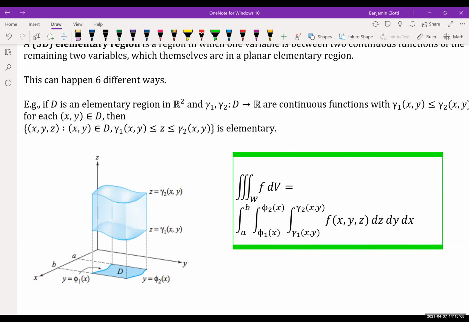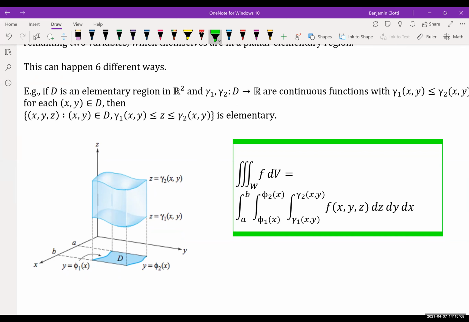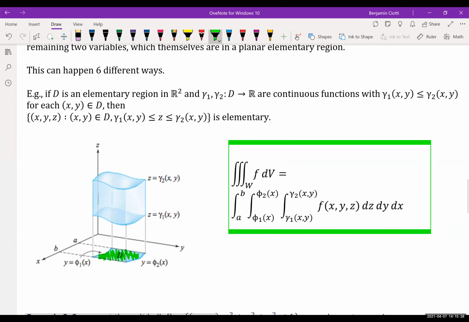So this picture is from the textbook, and you can see that x and y live in this planar elementary region, it means 2-dimensional elementary region D. z lies between two continuous functions, gamma 1 and gamma 2. So gamma 1 would be the function on the bottom right here, and gamma 2 would be the one on the top right here, and z is constrained to live in between them.